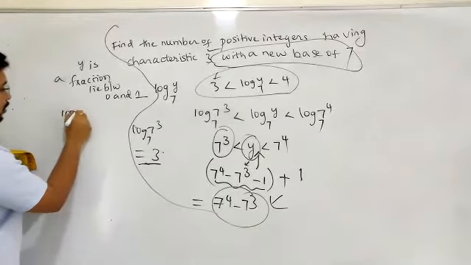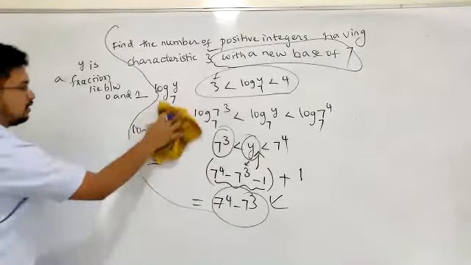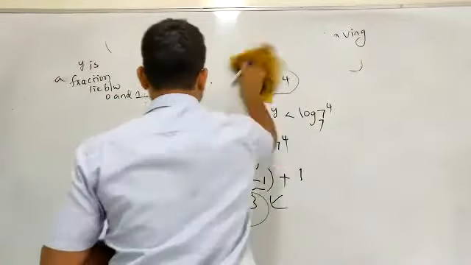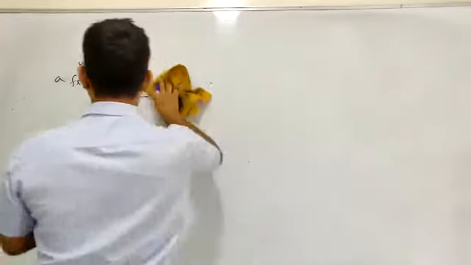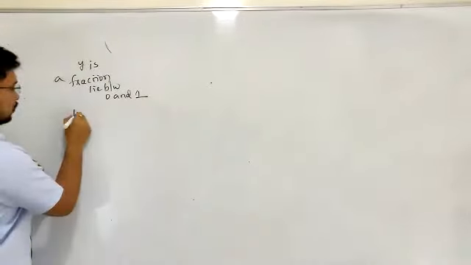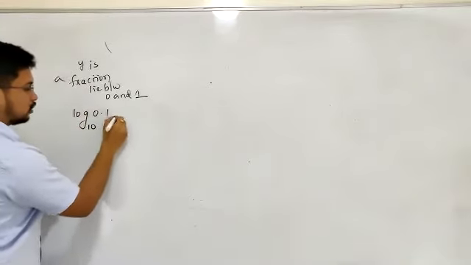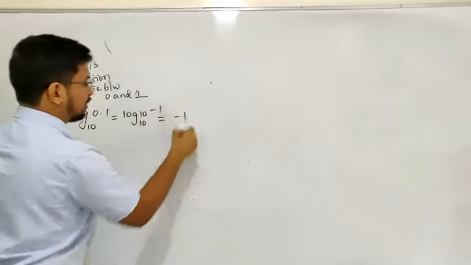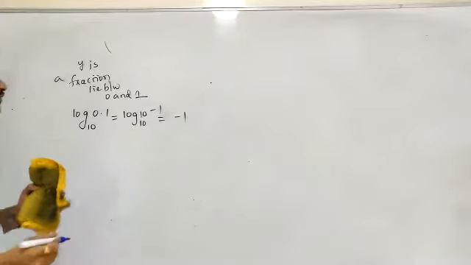log of 10 power minus 1. Listen now. Log of 0.1 to the base 10. So this is something like log of 10 power minus 1 to the base 10, which is minus 1.